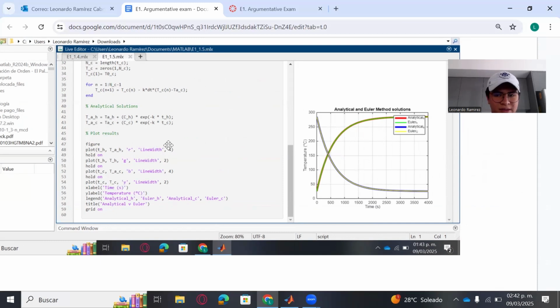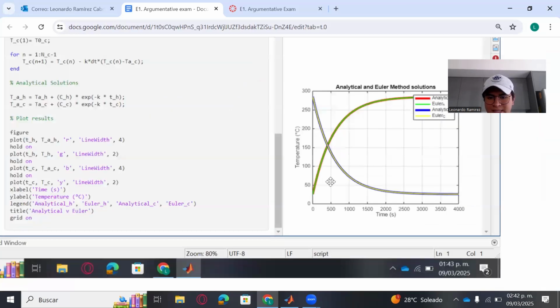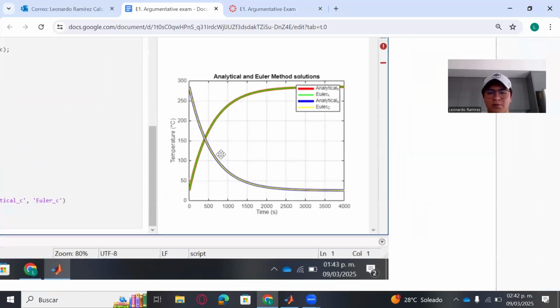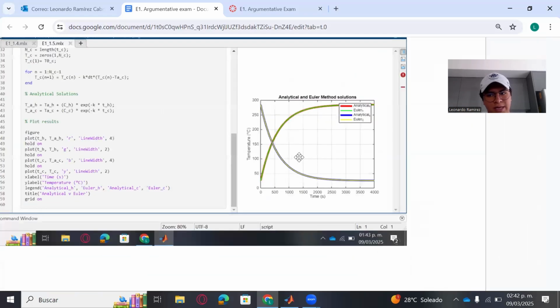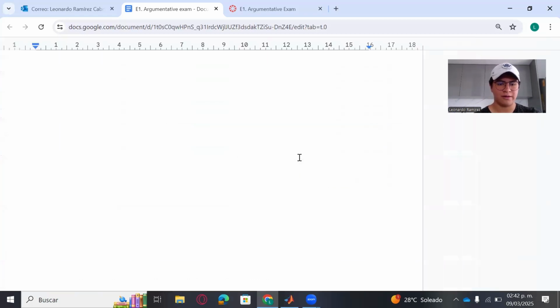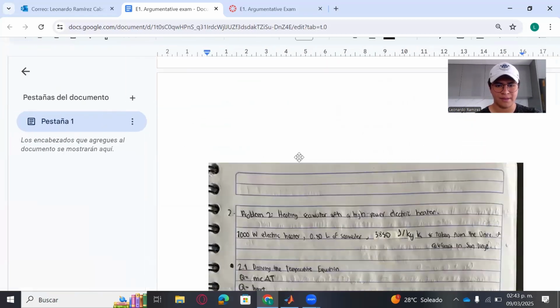I used a different line width for the analytical ones so we can see that they match, and I believe that's pretty awesome. It was expected if done correctly, but still, I think it's really cool to see. And we can use the different tools that MATLAB gives us to see it in a better way. And let us go directly to the second problem.